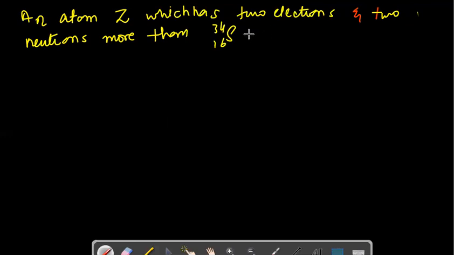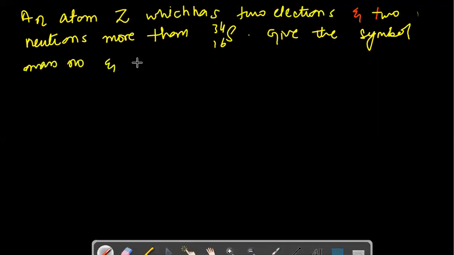Okay, they will ask you to give the symbol, mass number, and atomic number of the atom Z.